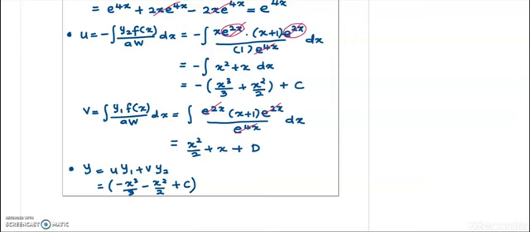It doesn't matter if you want to put a negative or positive c, because that is another constant. You can even write it as c. Multiply with y1, which is e^(2x). That is u y1 plus v. v is x squared over 2 plus x plus d, times your y2, which is x e^(2x). So you still have c and d.